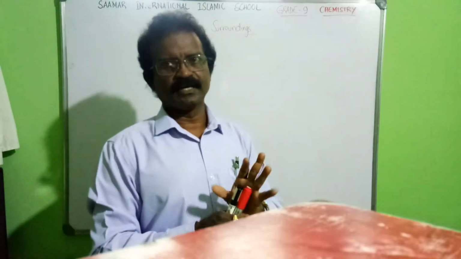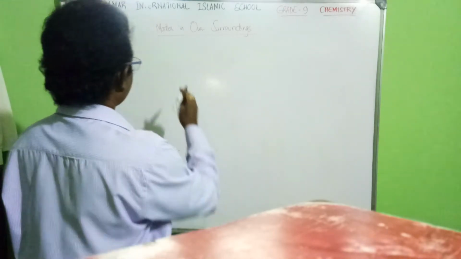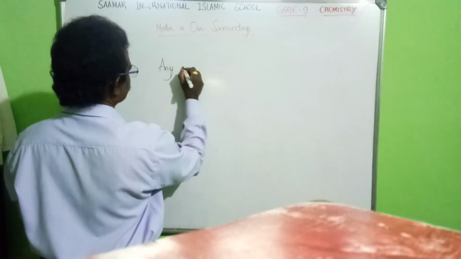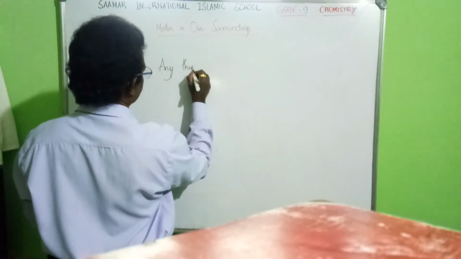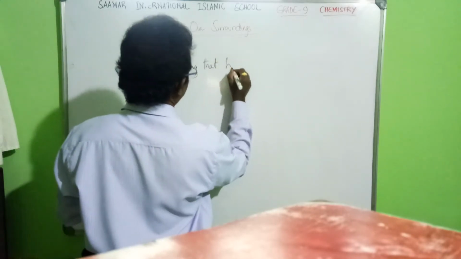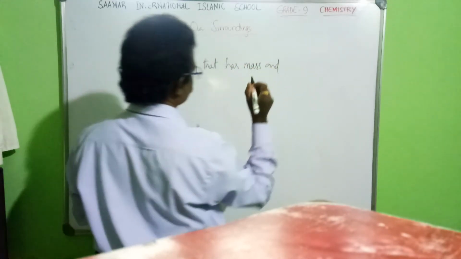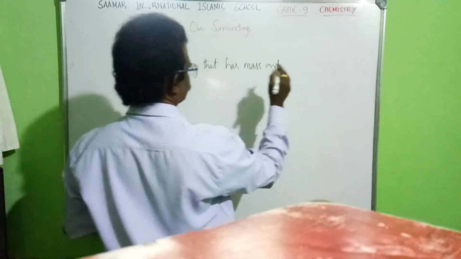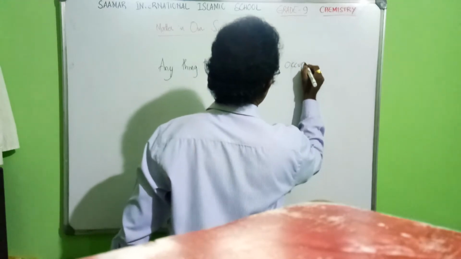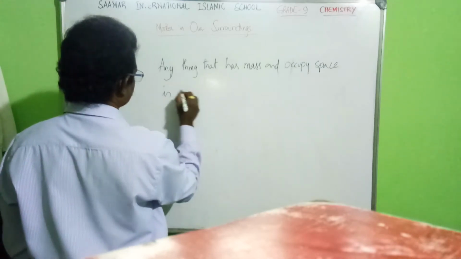What is the definition for matter? Anything that has mass and occupies space is called matter.